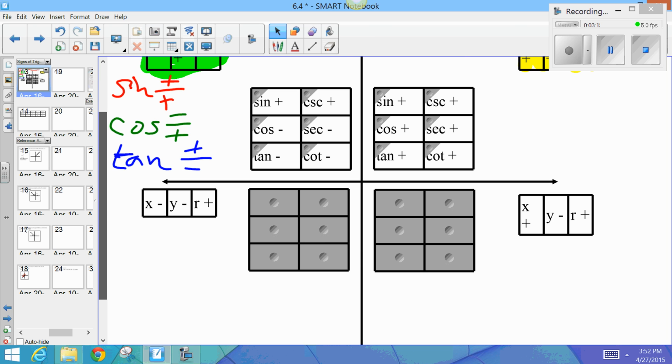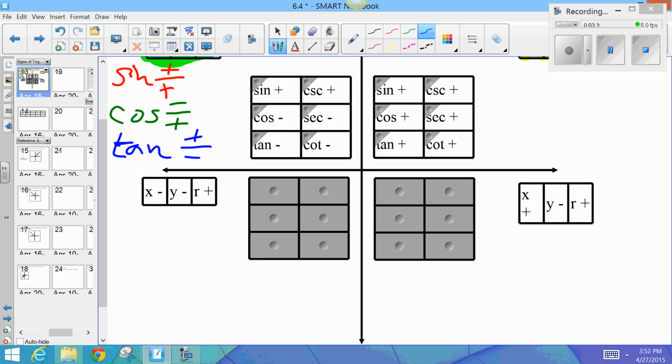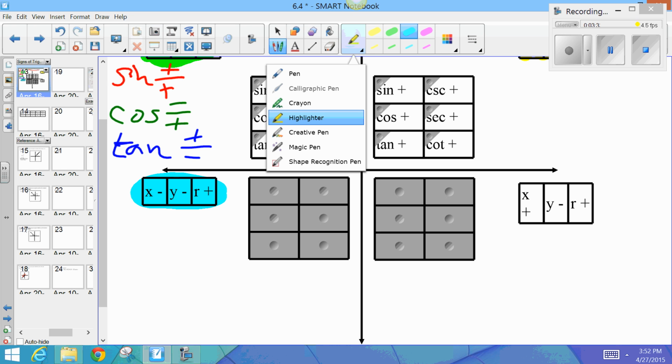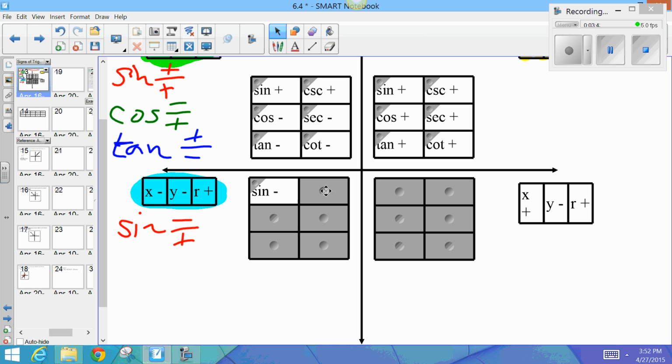All right, moving to quadrant 3. Here both x is negative and y is negative in quadrant 3. So let's look at sine. Sine is y over r. That's negative divided by positive. So sine is negative in quadrant 3, and so is its reciprocal.